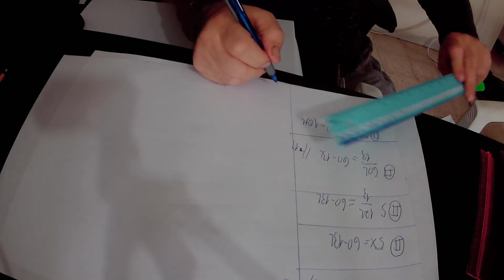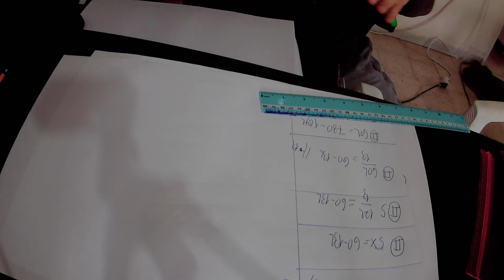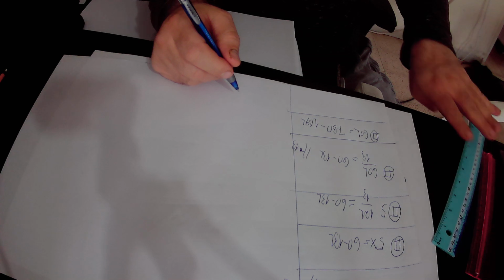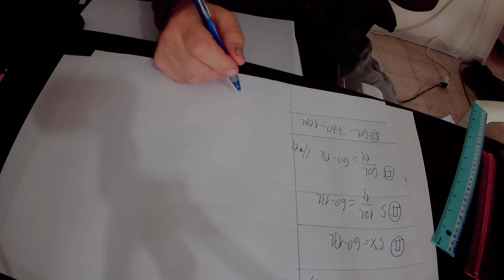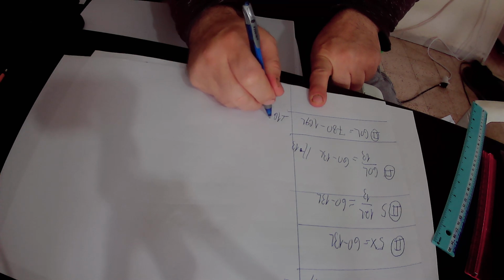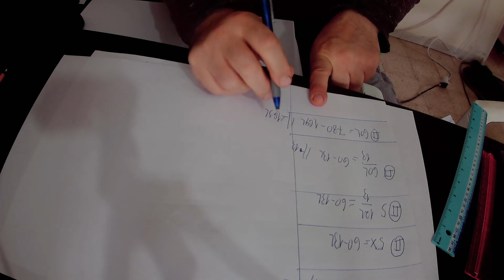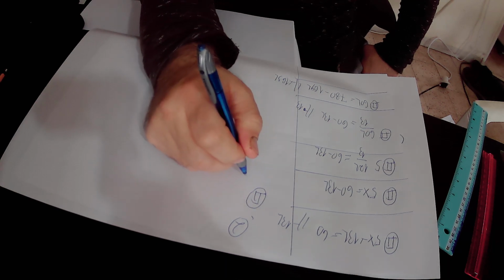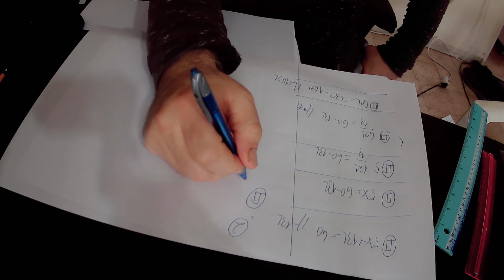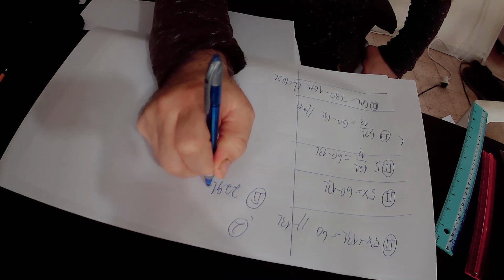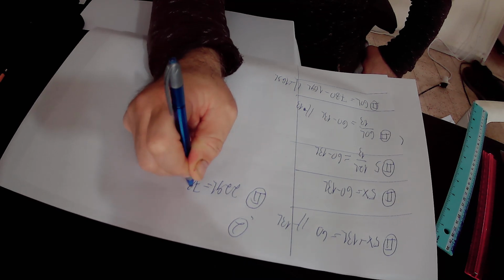In conclusion, 60L equals 780 minus 169L. So here we add 169L to this equation, and we get 169L plus 60L equals 229L, and it equals 780.